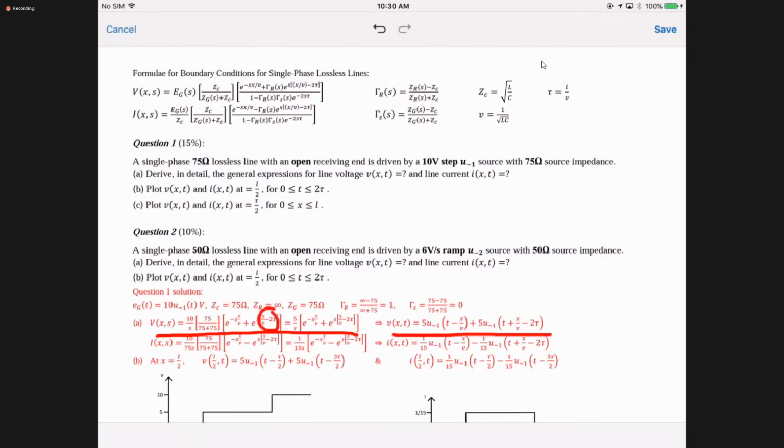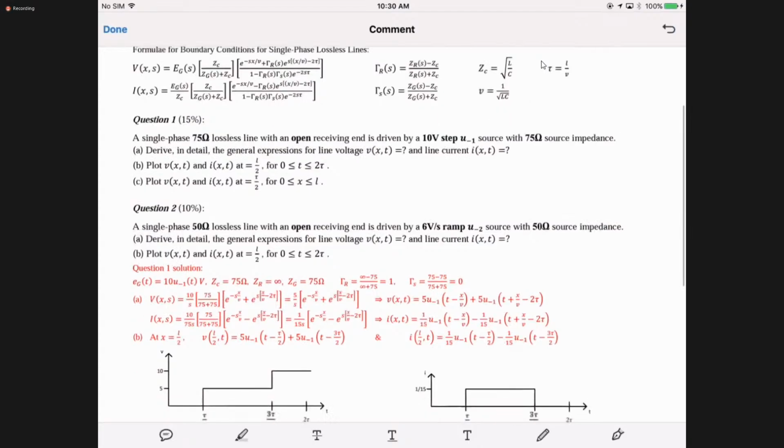The s is basically the delay. e to the power of something is a delay. So here is x divided by v, a delay of x divided by v, and x divided by v minus 2 tau.